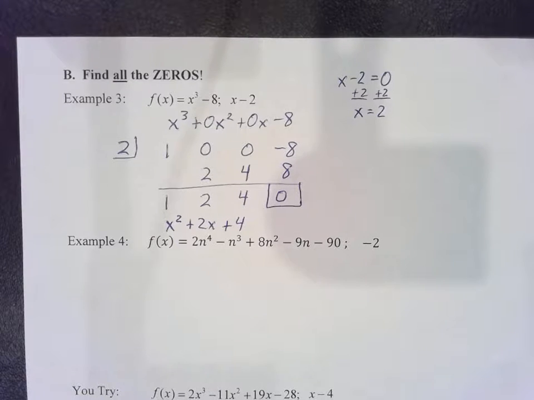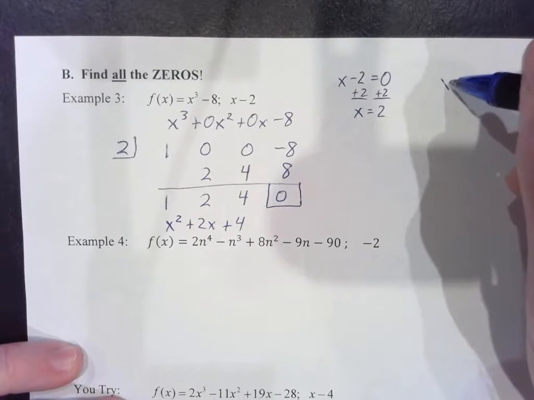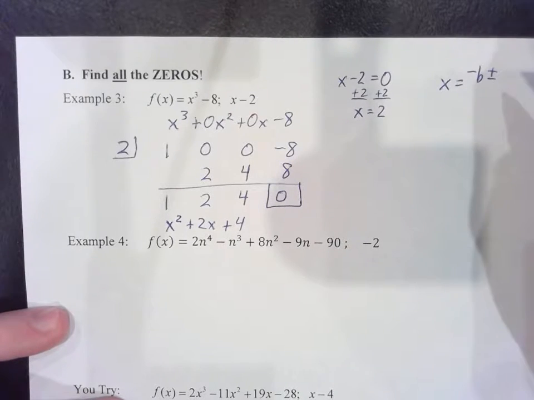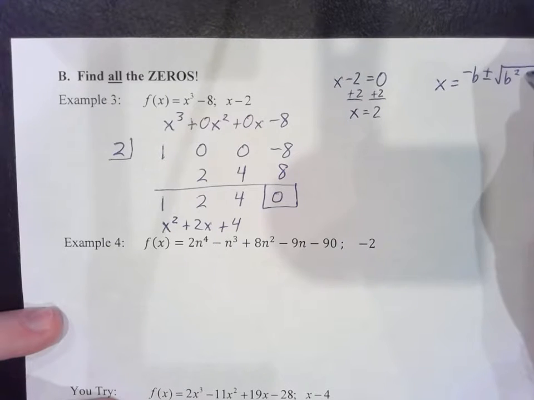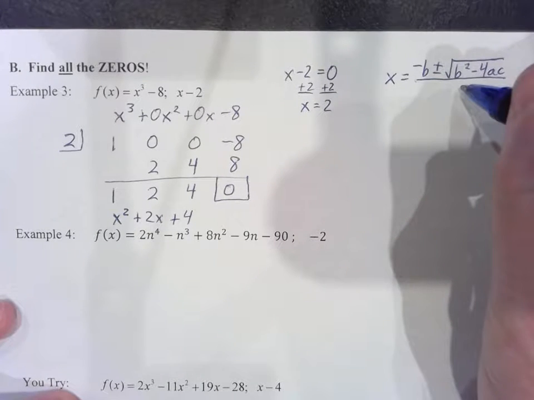But I noticed very quickly that this polynomial does not factor. And so my next alternative is to use the quadratic formula. That is x equals negative b plus or minus the square root of b squared minus 4ac all over 2a.